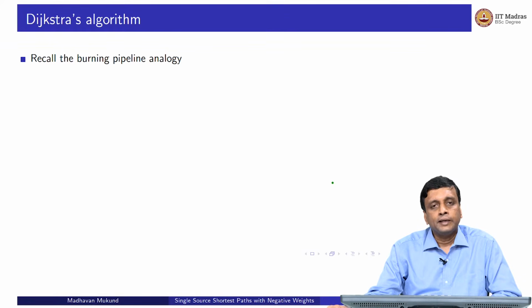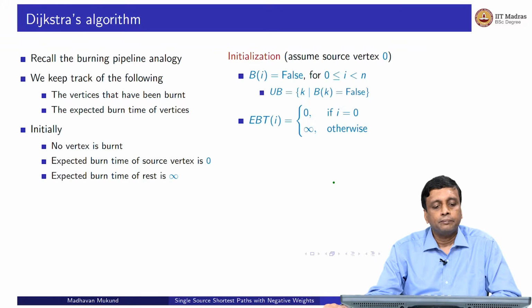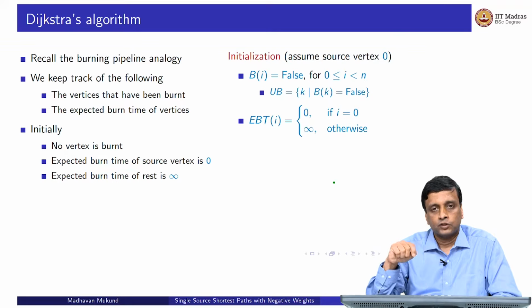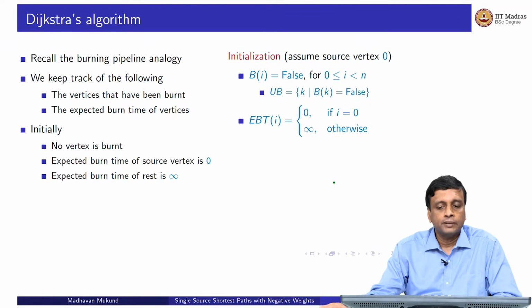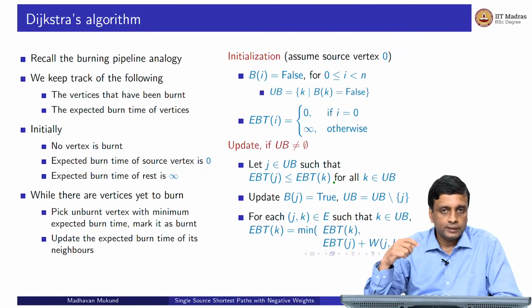Right? So we had this burning pipeline, and what we said was that we will keep track of the burnt vertices and how long it is going to take for the remaining vertices to burn, the expected burn time. So initially no vertex is burnt, and initially all vertices have an initial burn time of infinity, and then you burn one vertex. So the source vertex now acquires a burn time of 0. Right? And after this, what we do is we pick the unburnt vertex which has the smallest burn time, or the smallest distance among the unvisited vertices.